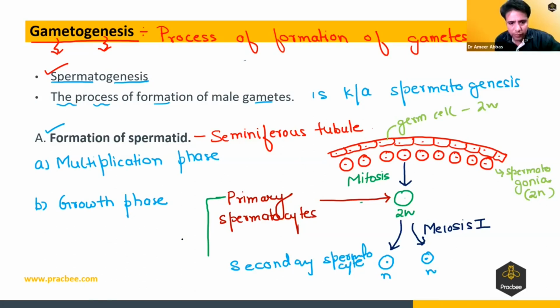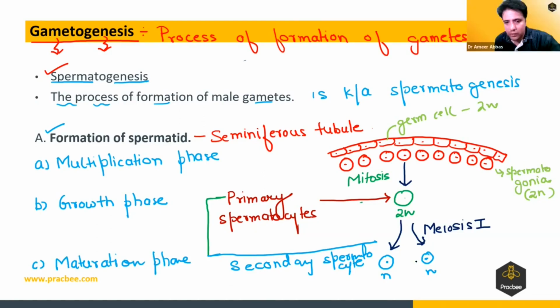So from here to here, before the first division started, there is a phase known as the growth phase. But as soon as the secondary spermatocyte is formed from the primary spermatocyte, the phase will be called the maturation phase.